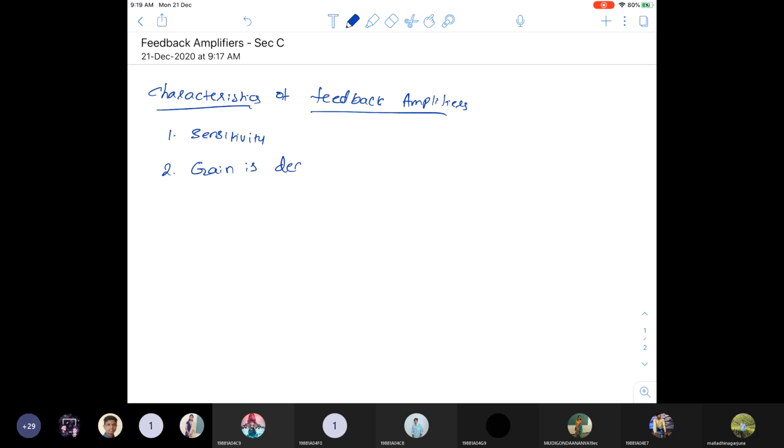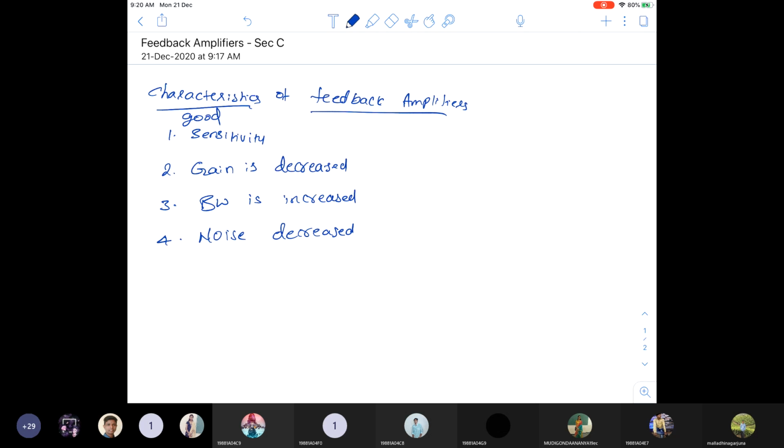Gain is decreased. Okay, this is good, sensitivity. Third one is bandwidth is increased. Fourth one is noise decreased. Okay, so these are the characteristics of negative feedback, right?